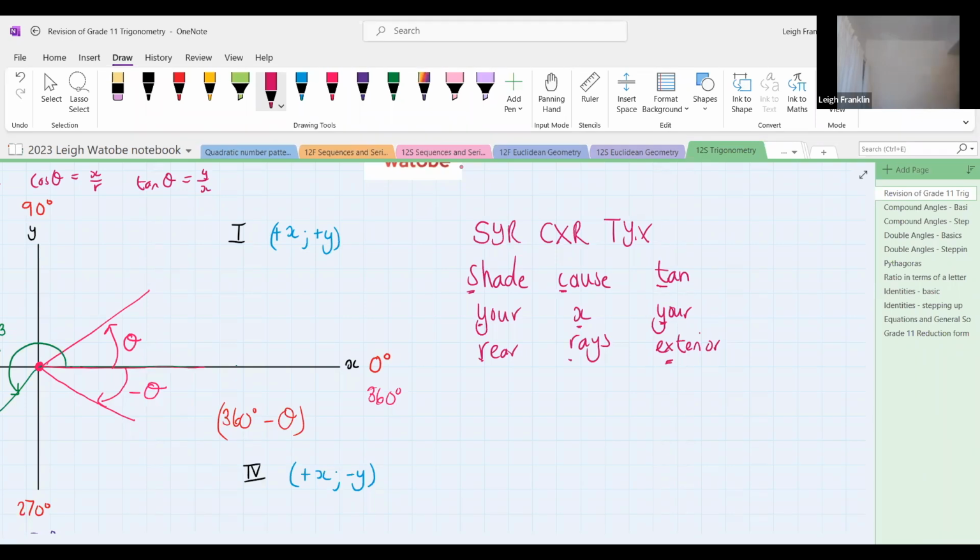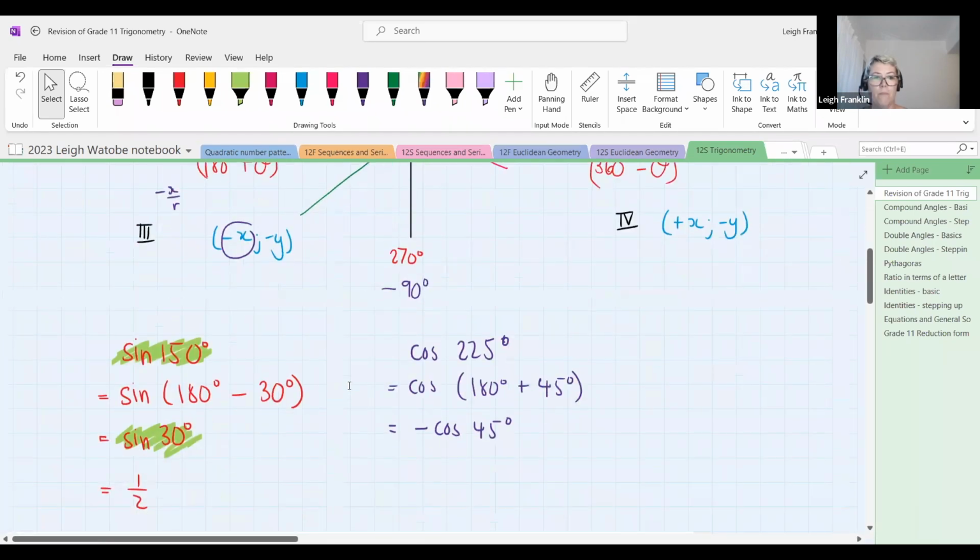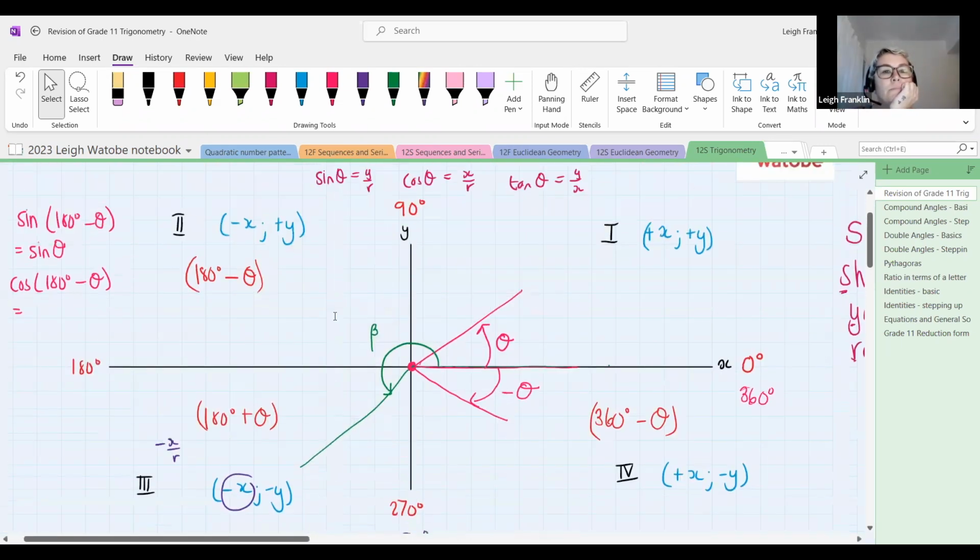On the part where Ma'am was explaining that the cos of 180 degrees plus 45 degrees is going to change into a negative cos 45, I wanted to add that we can do this thing they taught me at school: in the first quadrant, all of them are positive, and in the second quadrant, sine is positive, and in the third quadrant, tan is positive.